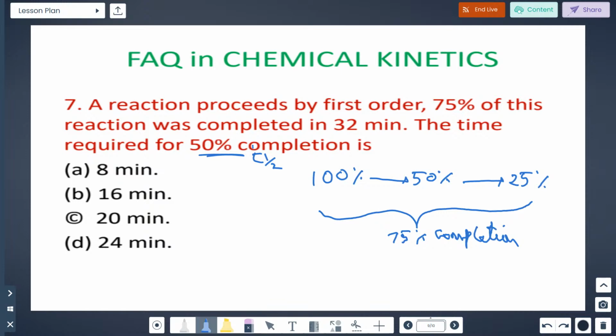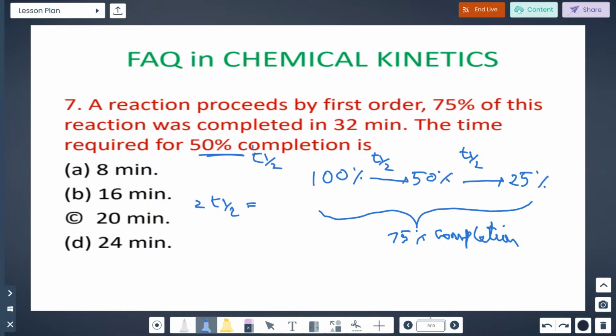When the substance comes from 100% to 25%, it is 75% completion. For that, how much time does it take? This is one half-life period, and this is another half-life period. Understood? So 2 half-life periods.